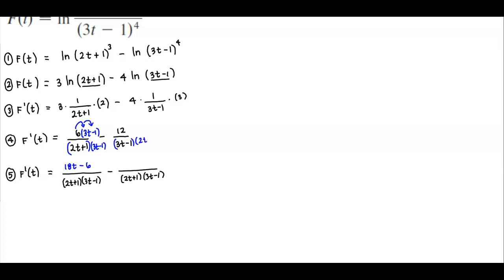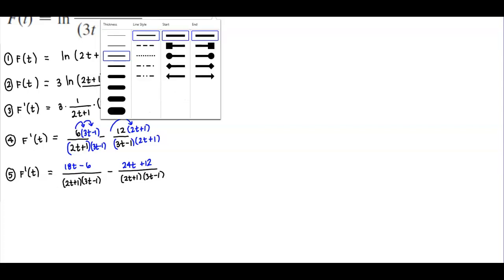Well, we have to multiply it by 2t plus 1. So this is 12 times 2t plus 1. Now keep in mind this is a minus, so we have the minus so far, and 12 times 2t is going to be 24t, and 12 times 1 is 12.